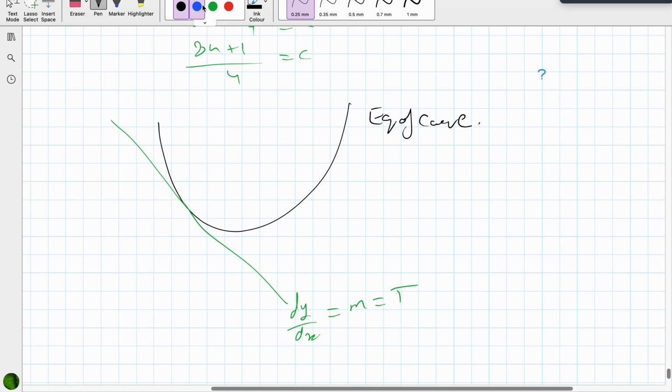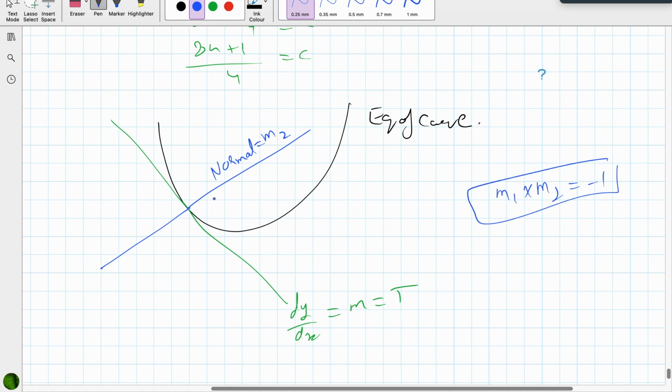This is the tangent. This is the normal, which is m2, and the relationship between m1 and m2 is this. So this is the short story: tangent, normal, curve.